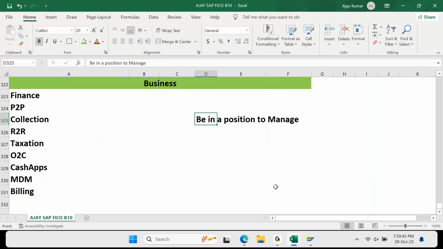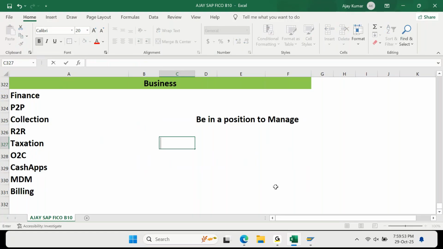Next one, what I want you to remember is, if you are working in a project, all of us will have to have the same assumption: that we got an SAP FICO consultant job.